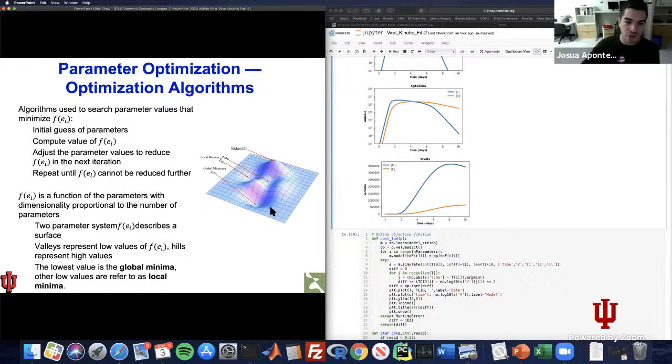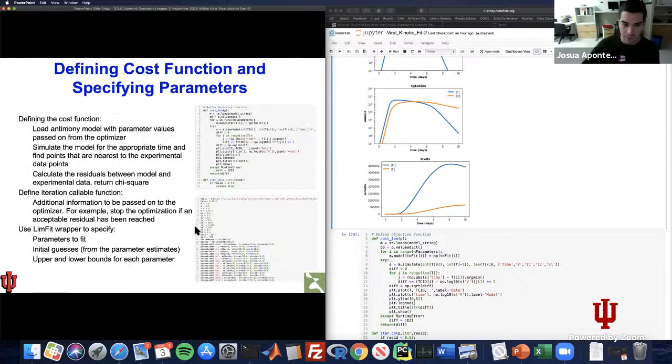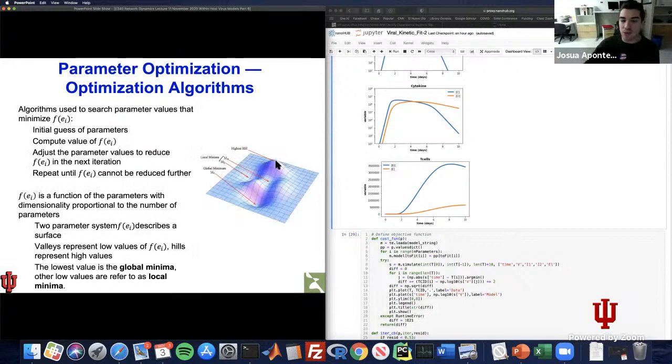That optimization basically explores different combinations of the parameter values and measures the distance between the model and the data, which is represented here by this surface. In these points, the distance between your model and the data is very big. In this point, the model is better, and this is the best solution, the best fit between your model and the data.